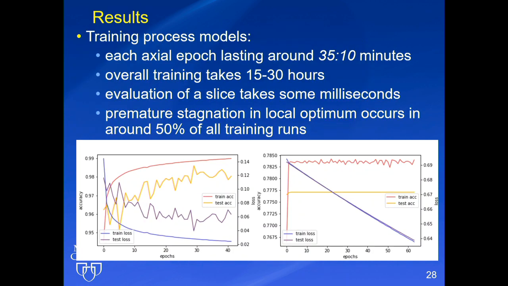Yeah, the training process for each of the units takes around 15 to 30 hours. Evaluation is then performed on a millisecond basis for every slice. Due to the aggressive parameterization, in some 50% of all training processes you have some stagnation, like you see here in the chart, where there is no progress at all, either at 80% or 60% or 40% or 20%.